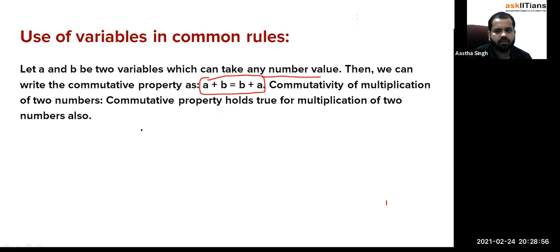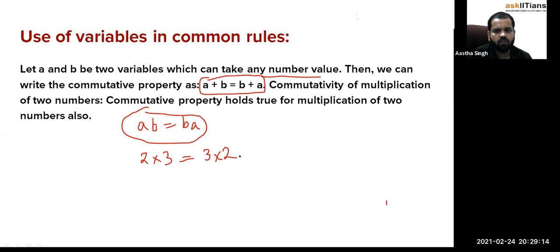Also for multiplication of two numbers, AB will be equal to BA. If these are variables, they can take number values. For example, if A takes 2 into 3, then obviously 3 into 2, the order does not matter.